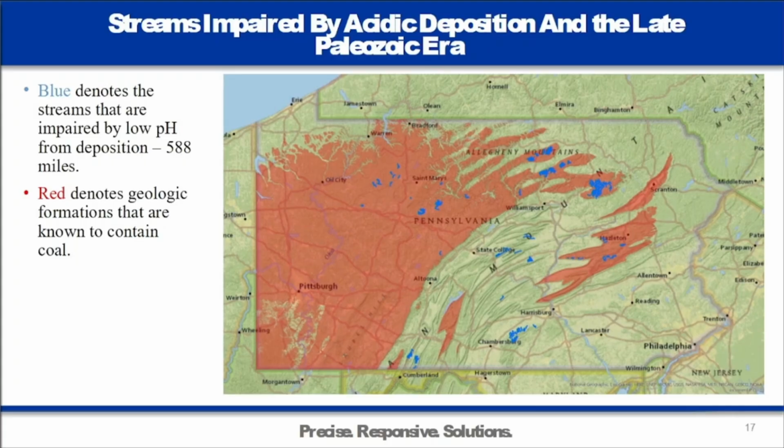This time in geologic history, Pennsylvania was not a shallow sea, it was a swamp. This is basically the time frame that coal was produced within Pennsylvania. So this includes the Mississippian, the Devonian, and the Pennsylvanian time frames.